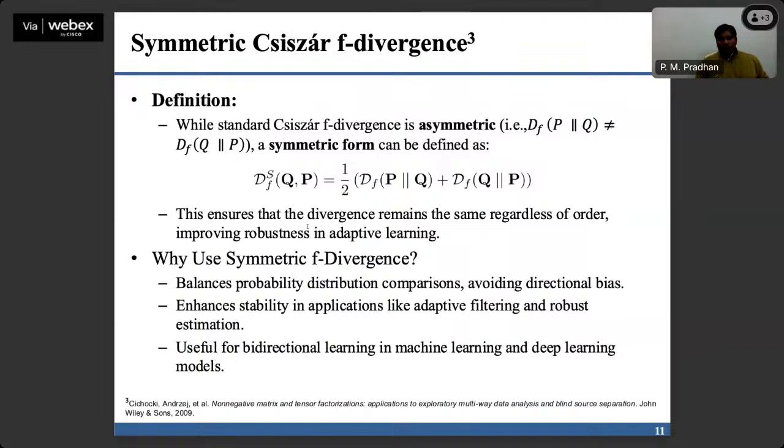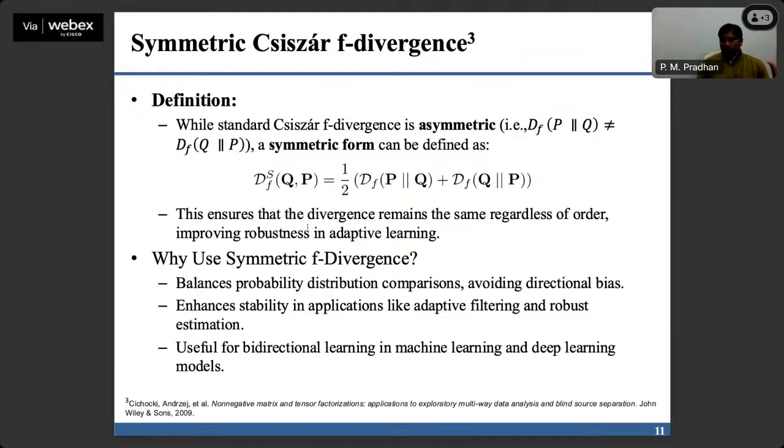As I said, it's not necessary that you will always have symmetry in this divergence measure, which was there in the error square case. In the error square case, (p minus q) whole square is the same as (q minus p) whole square, which is not true in this case. So there are two versions over here. One is the symmetric divergence, where that is maintained. While the standard divergence is asymmetric in nature, a symmetric form can be obtained by taking the mean of the two.